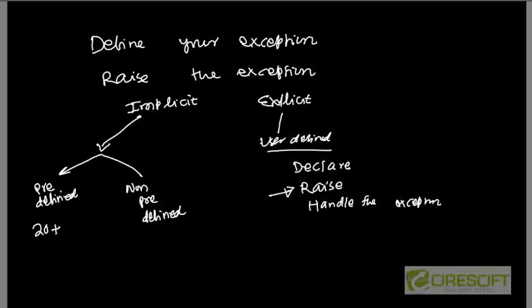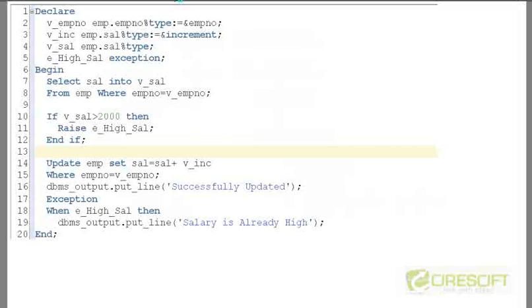So let's take an example of how we are going to do that. This is a sample code where we are selecting salary into a variable called v_sal for a particular employee number. Then we declare an exception. That exception name is e_high_sal.